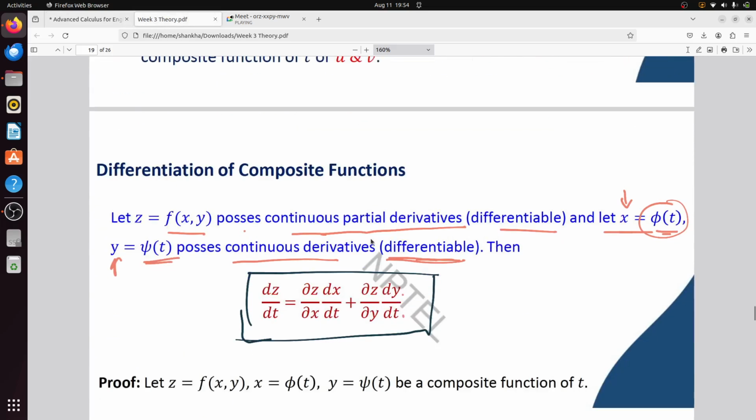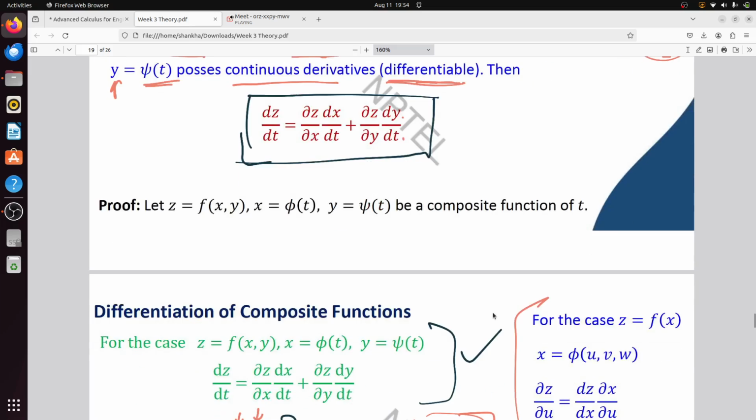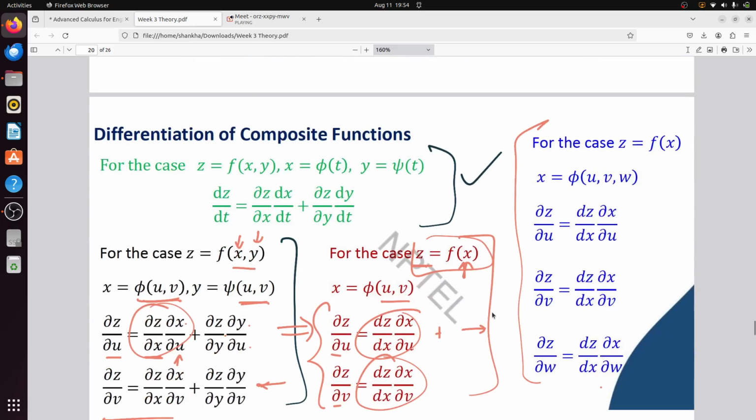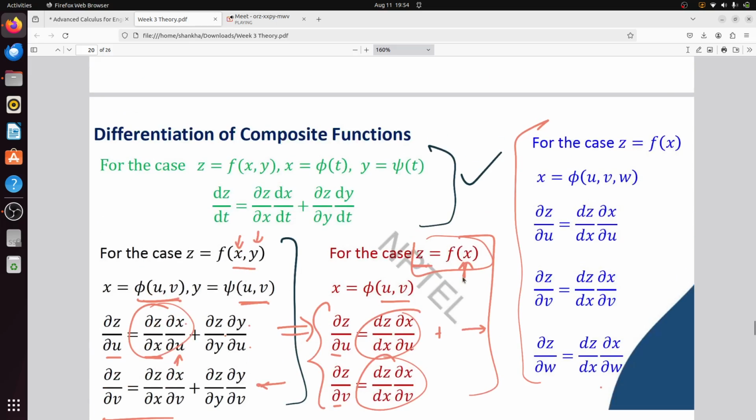So for differentiation of a composite function, there is no way but to use the chain rule. Here this is a composite function, the chain rule. In the slide I have just put the theoretical aspect.